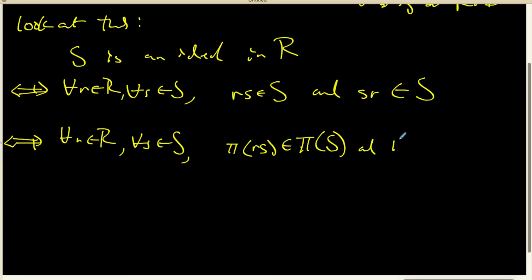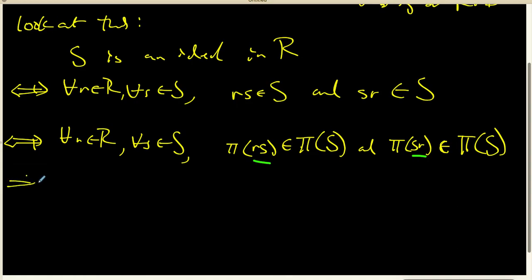And likewise, pi of sr has to belong to pi of capital S. And this is just the way ring homomorphisms work. But now we're going to actually get into the idea of what pi does to these two elements.